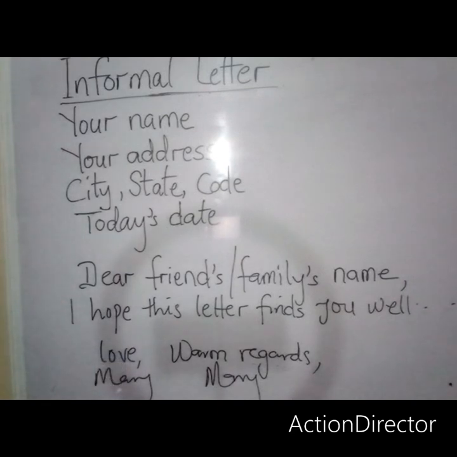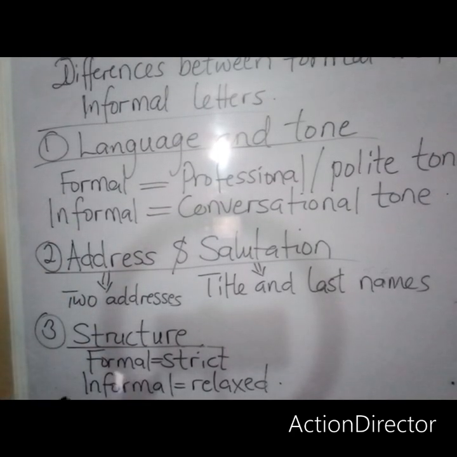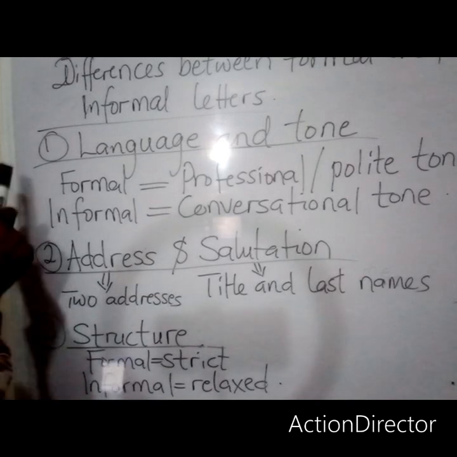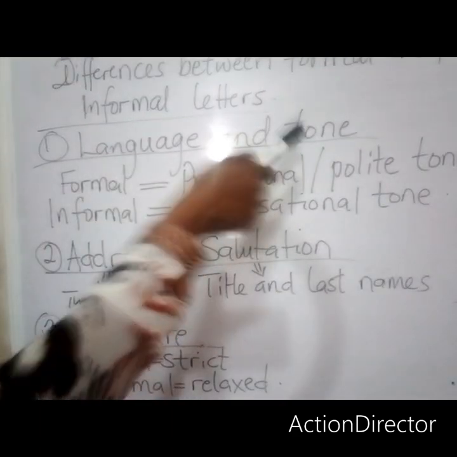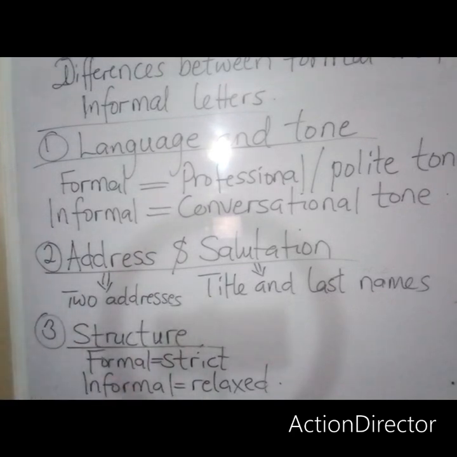So this basically is the structure of informal letters. Okay? So the only thing I would like to quickly share with us right now are the basic differences between formal and informal letters. Now, the first difference is language and tone. For formal letters, the language is very professional and polite because these people you are writing to are not familiar with you.